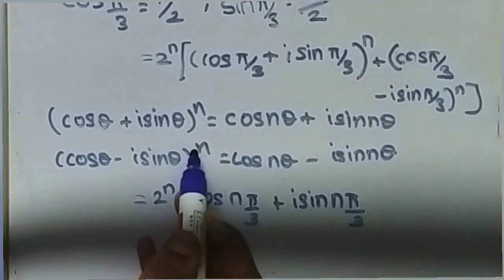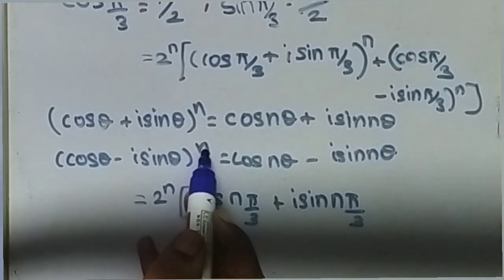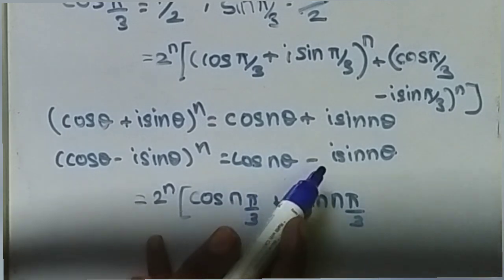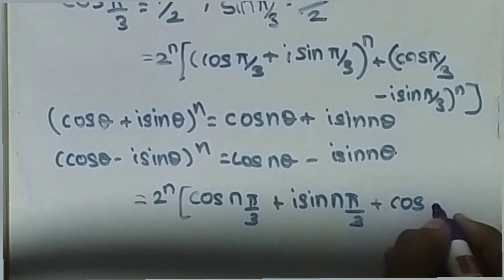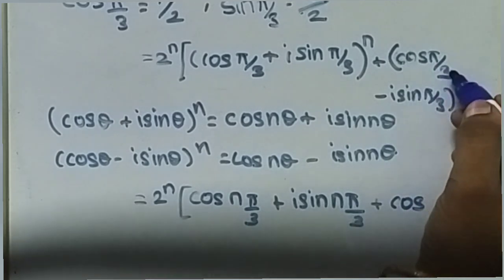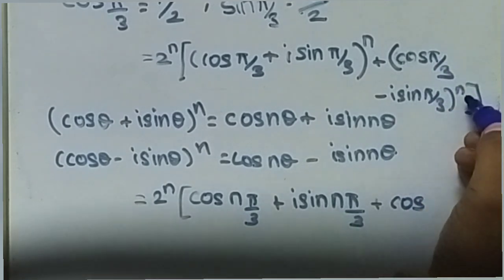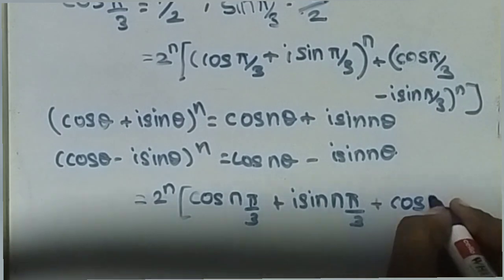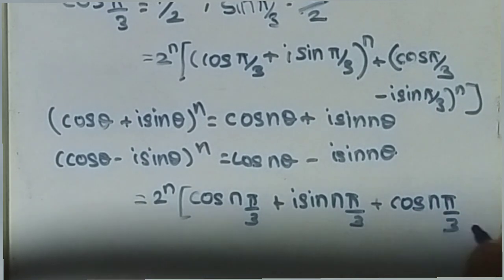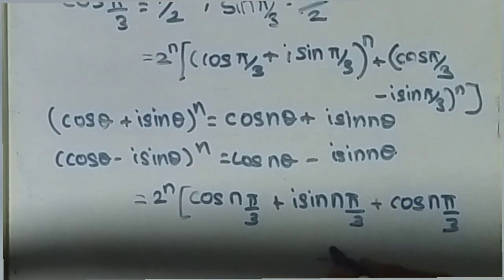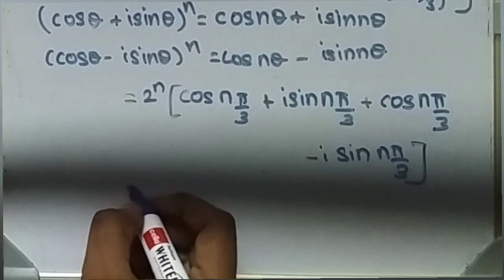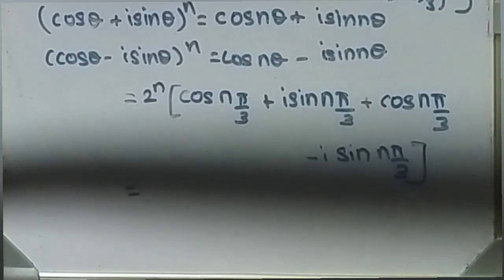(Cos theta minus i sin theta) power n equals cos n theta minus i sin n theta. So it will be plus cos, what is the value of theta? Pi by 3. What is the power here? n. So n pi by 3. Here minus, so minus i sin n pi by 3. Clear? Clear. Shall we add now? Yes.